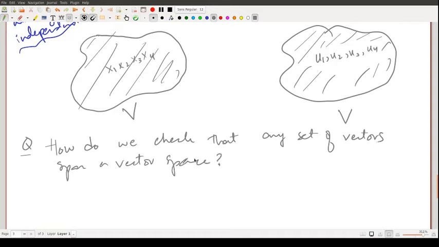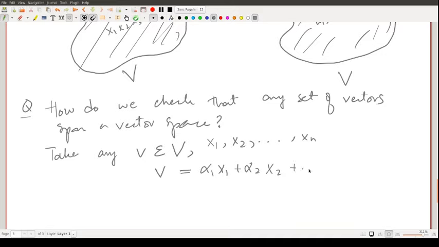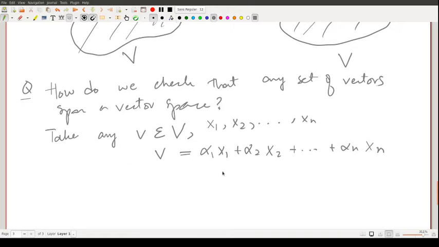The idea is, of course, that if it has to span the entire space, then you should be able to take any vector V from your space and express it in terms of, let's say you're talking about the span of x1, x2 and up until xn. Then you should be able to write V as alpha 1 x1 plus alpha 2 x2 plus dot dot dot alpha n xn. And if you want to show that it spans the entire space, you need to solve for these alphas.